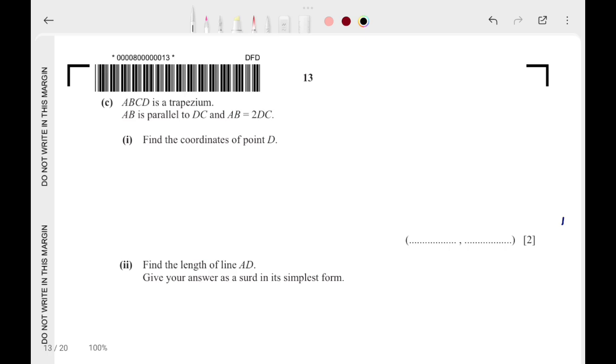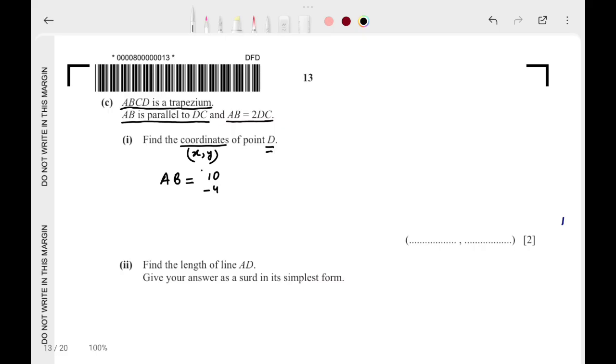Part C. ABCD is a trapezium. AB is parallel to DC, and AB is equal to 2 times DC. Find the coordinates of D. We know that AB was (10, -4).